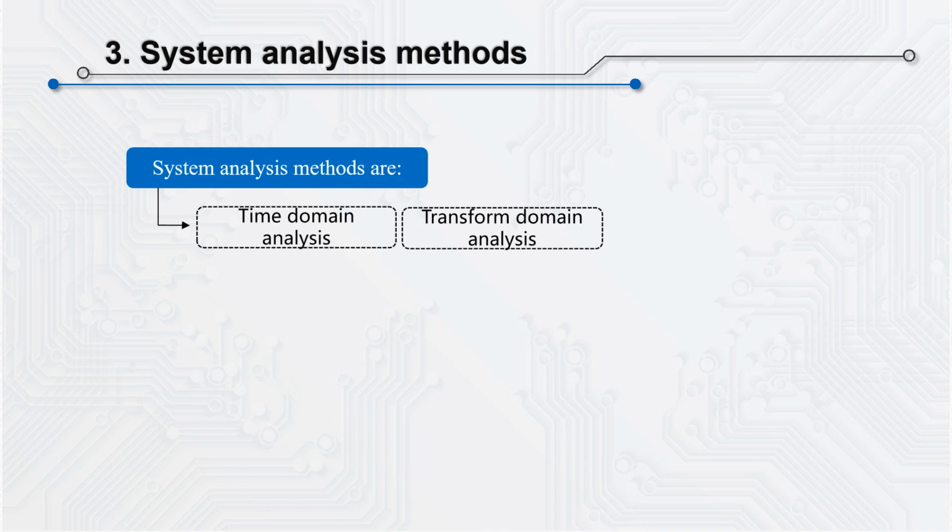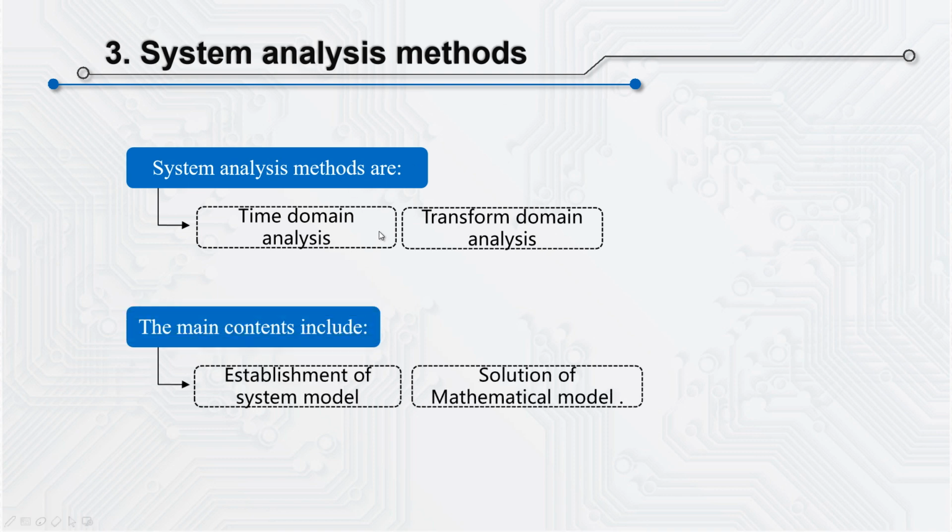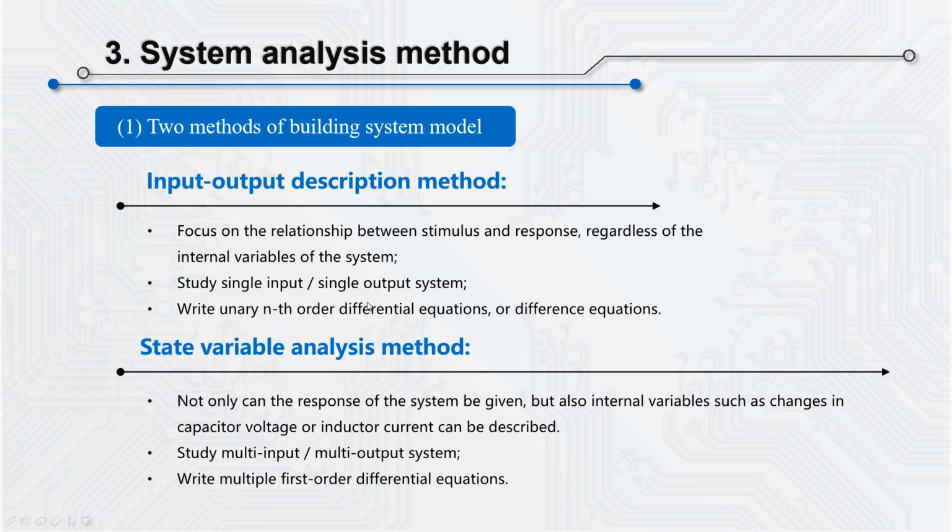Next, let's discuss the basic methods of system analysis. System analysis methods include time domain analysis and transform domain analysis. The main contents include the establishment of the system model and the solution of the mathematical model. There are two ways to build a system model: the input and output description method and the state variable analysis method.